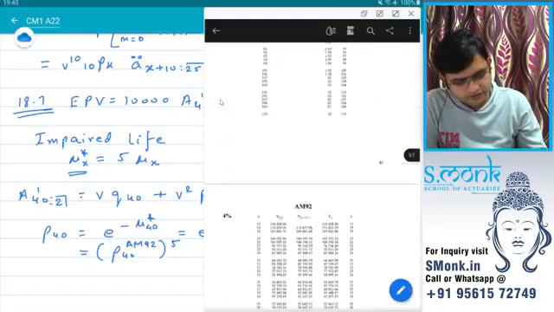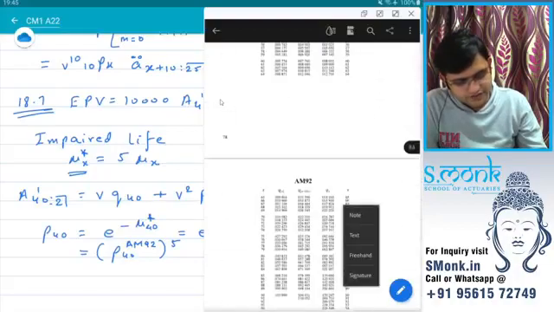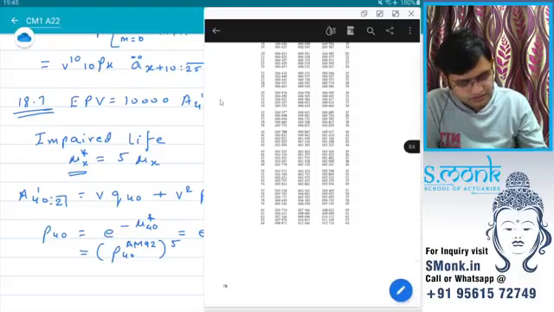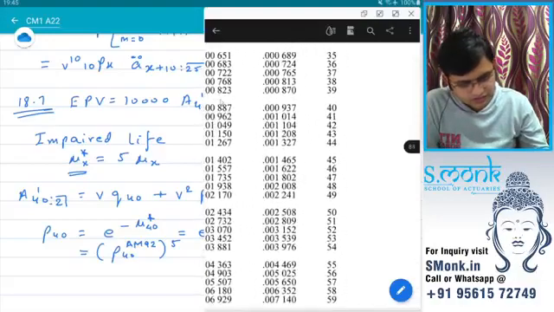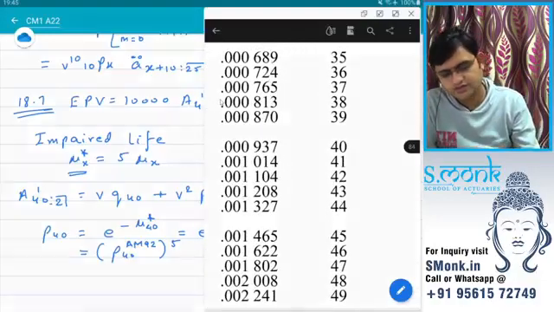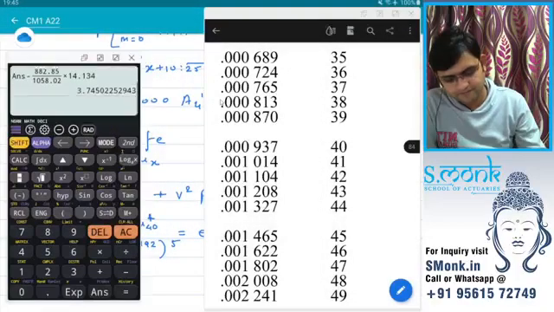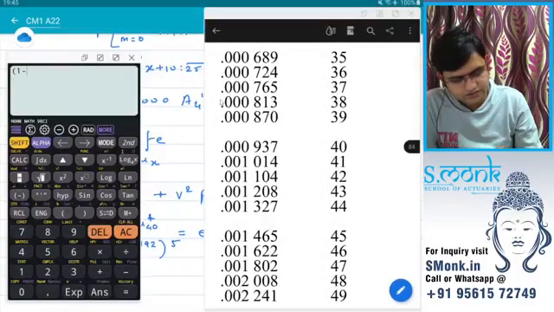So instead of P40, I will take Q40, right? So Q40 is 1 minus 0.000937 raised to 5.